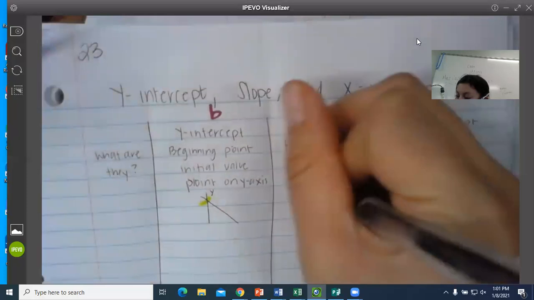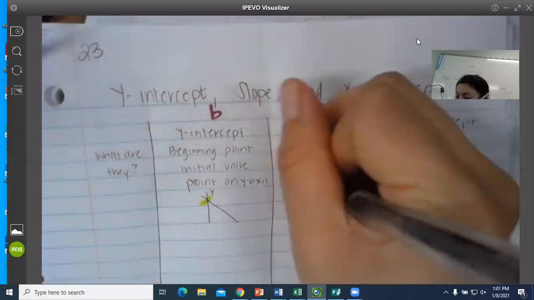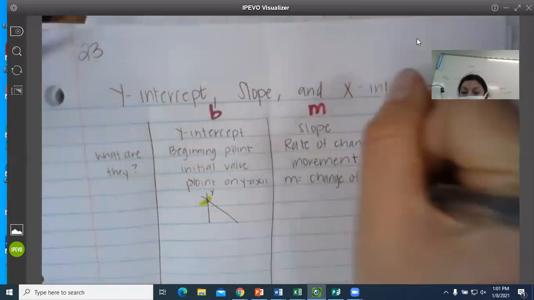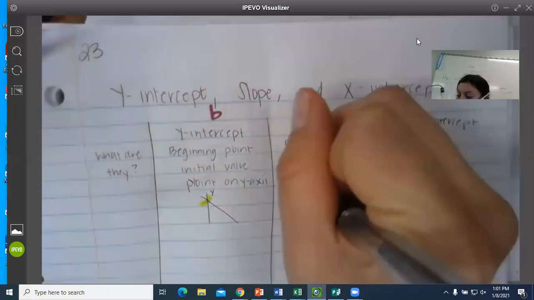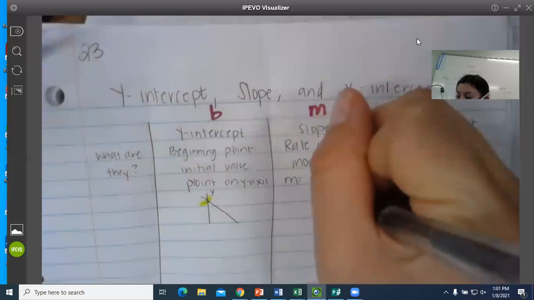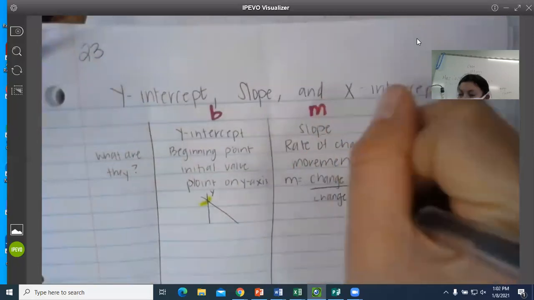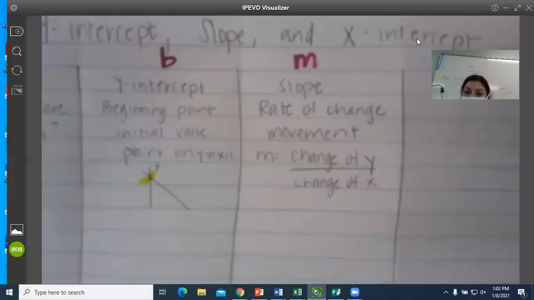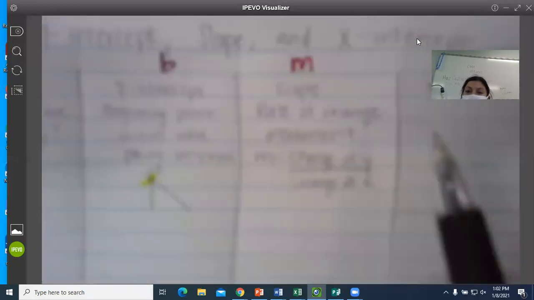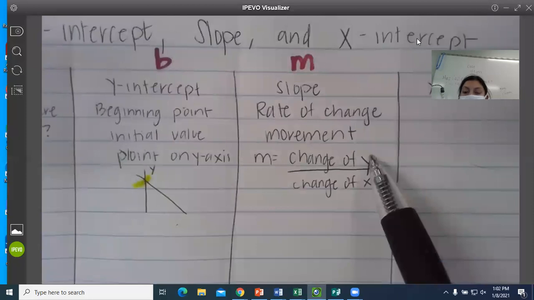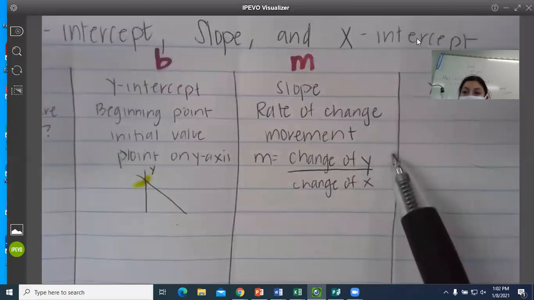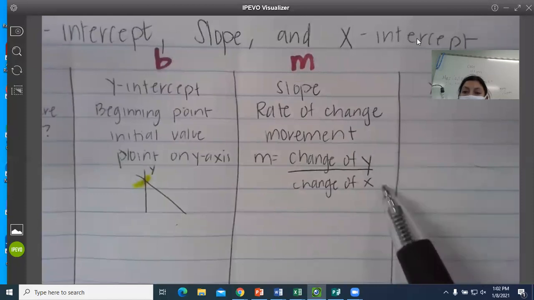So you're figuring out how the Y's are changing over the change of X. So it's 2 different quantities, 2 different things that we're talking about. That's why it's a rate of change. We're comparing how the Y's are changing over the X value. So whatever the dependent over the independent.